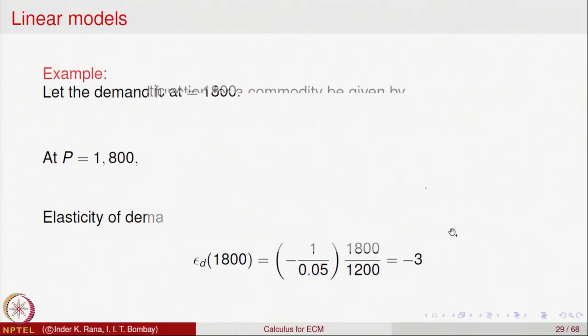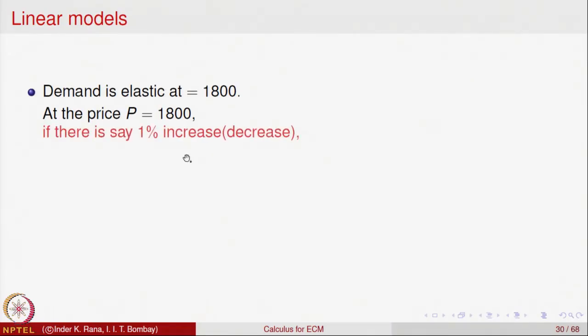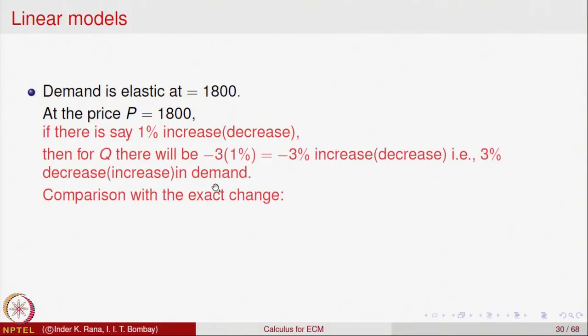So, let us see how this affects the scenario. Demand is elastic at 1800, since it is less than minus 1. At the price 1800, if there is a 1% increase or decrease in the price, then what is the change in the demand?